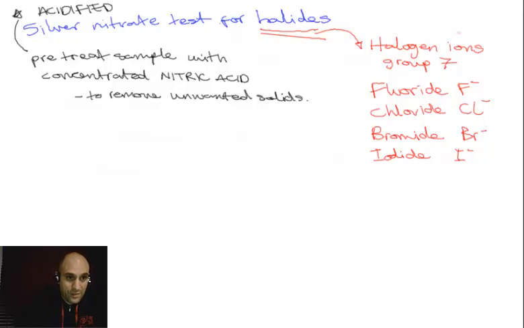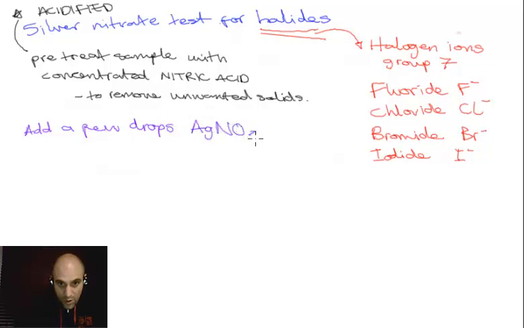Let's use a bit of purple. So, silver nitrate test for halides. You pre-treat the sample with concentrated nitric acid, hence the name acidified. Then it's quite simple. You add a few drops of silver nitrate, which is AgNO3 solution, that's what the aq stands for.